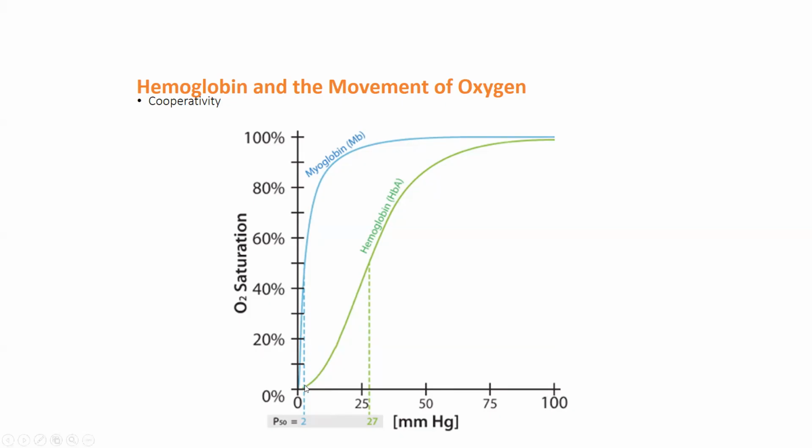Hemoglobin will say, sure, it will give it 90% oxygen. And now hemoglobin is broke. It has no oxygen. But look at myoglobin. At the same place, myoglobin is saturated with like 40%. It did give some, but it gave only 60%, and it still has 40% left.